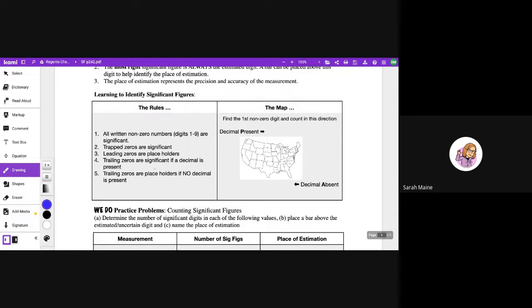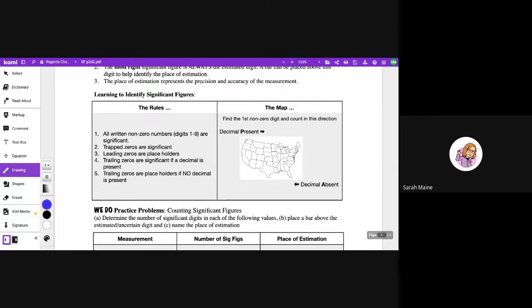So first thing, all written non-zero digits, so digits 1 through 9, are considered significant. Trapped zeros are always significant. So that means to the left of that zero, there's a non-zero digit like a 1, 2, 3, or 4, and also to the right of it, there's a non-zero digit. So trapped zeros are always significant.